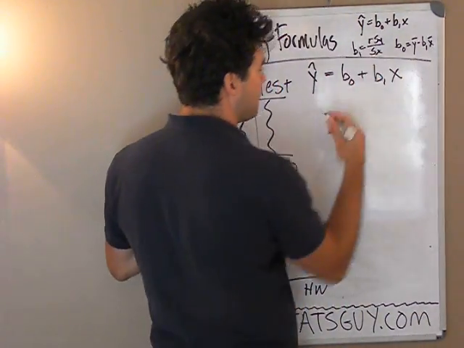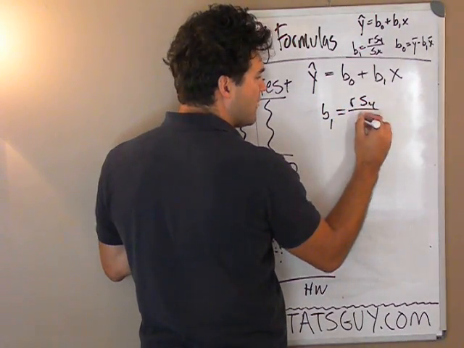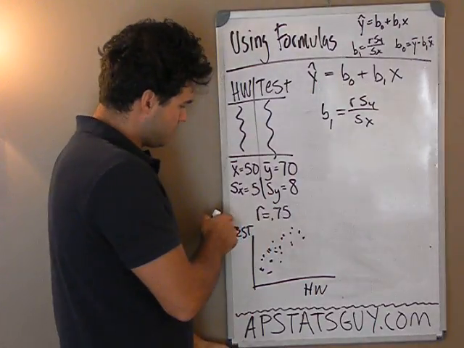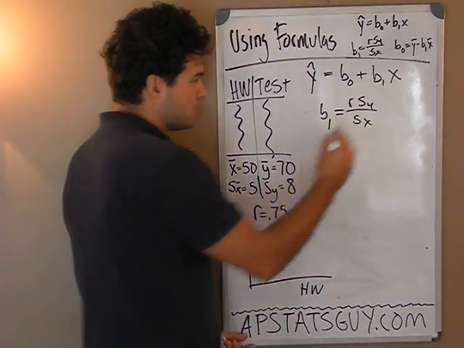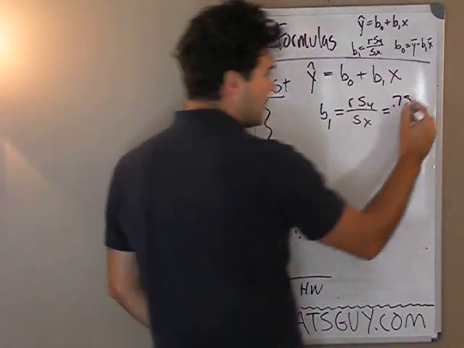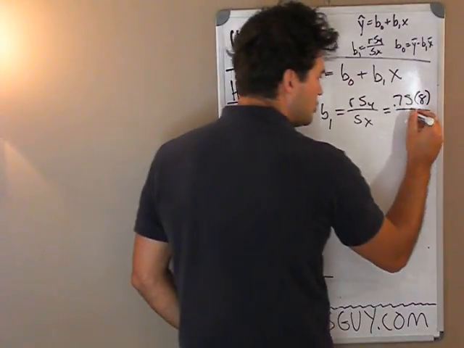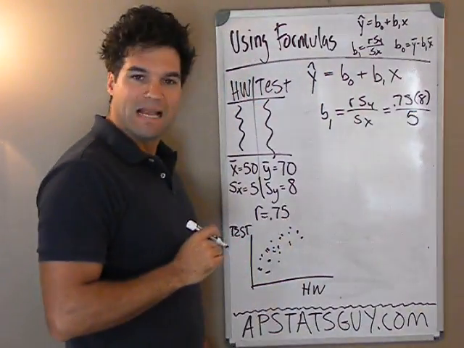Let's see if I've got enough information to get my slope. b1 is r s_y over s_x. Do I have that? I've got r, 0.75, sweet. s_y is 8, nice. s_x is 5, yes.